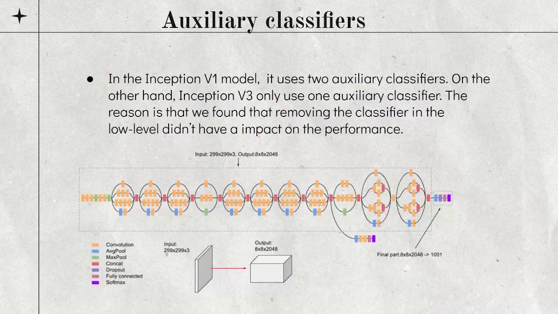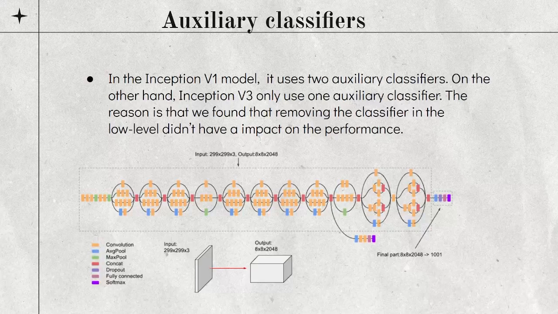Okay, then we talk about the auxiliary classifiers. These classifiers are attached to intermediate layers in the network and help to combat the problem of vanishing gradients. By including these auxiliary classifiers, the network encourages the propagation of gradients from higher layers to lower layers, facilitating better training and improving the overall performance.